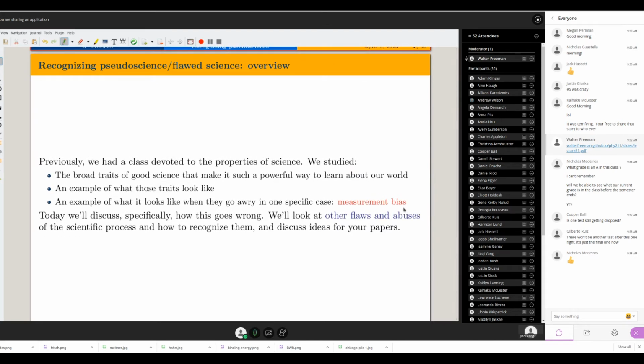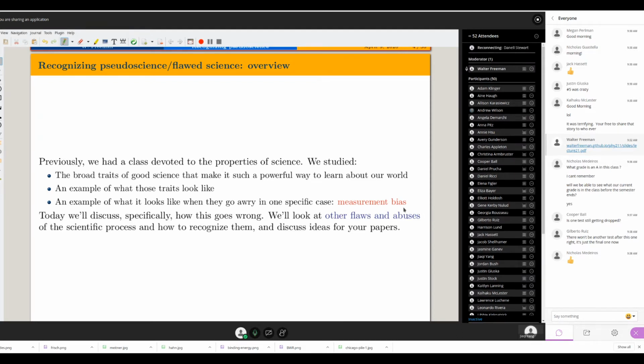So, last Thursday, we had half a class where we talked about what science was. We talked about why science is a powerful way to learn about our world. And we talked mostly about how the scientific method is a series of safeguards designed to help us avoid fooling ourselves.